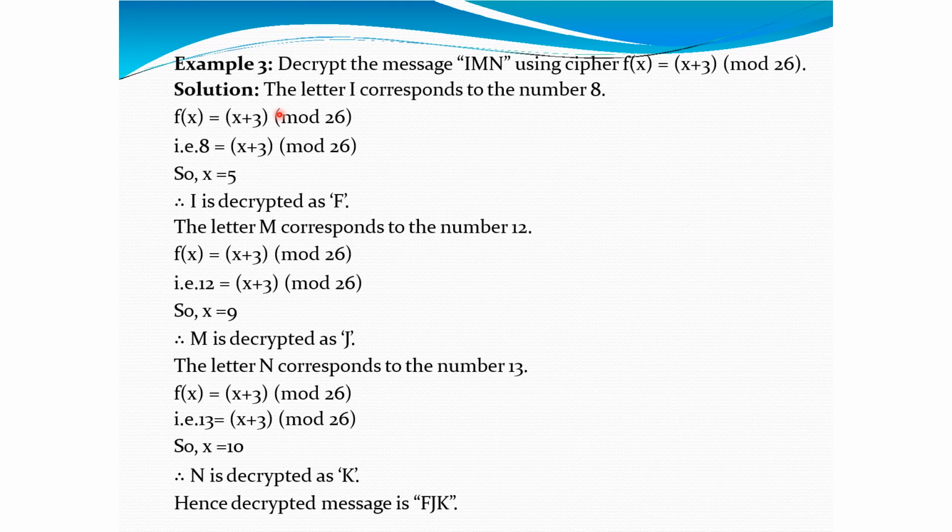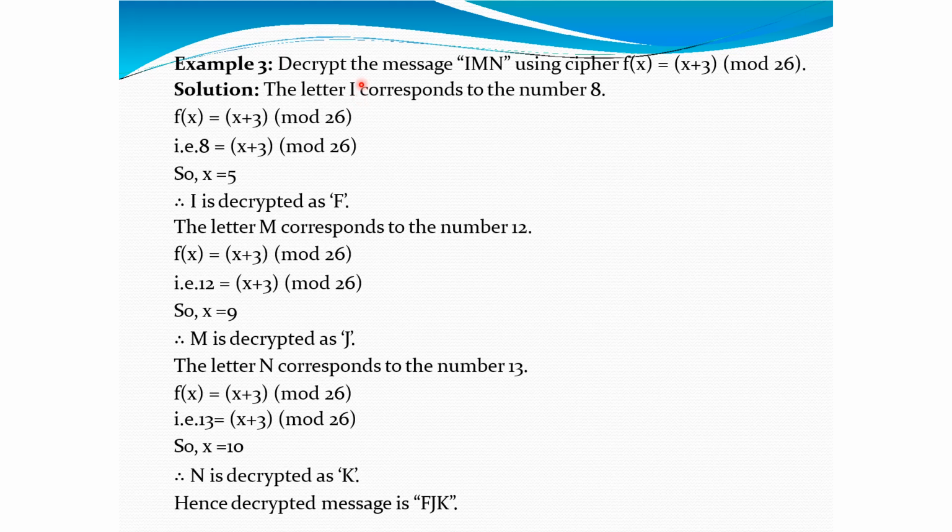The first letter is I. The letter I corresponds to the number 8, so here f(x) is 8. Now we find the value of x such that 8 is equal to x plus 3 mod 26. So x is equal to 5, between 0 and 25, for which this holds. The corresponding letter is F. So I is decrypted as F.